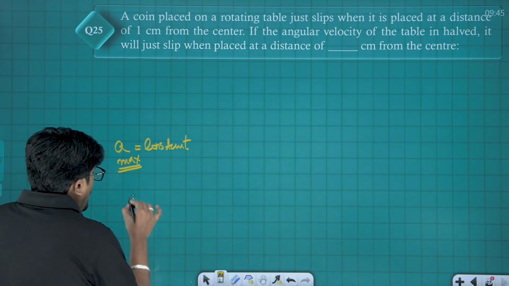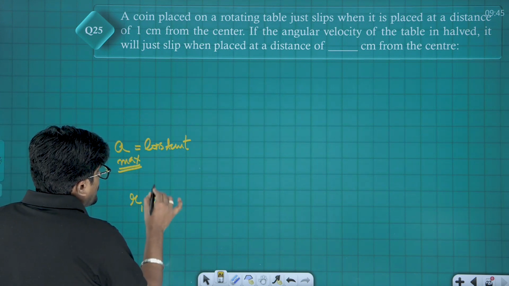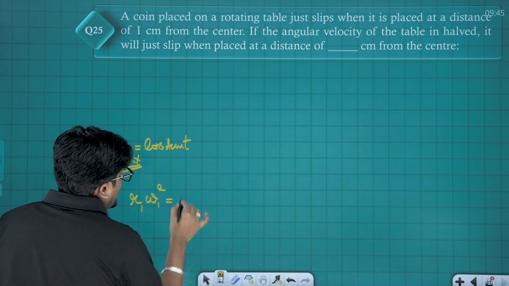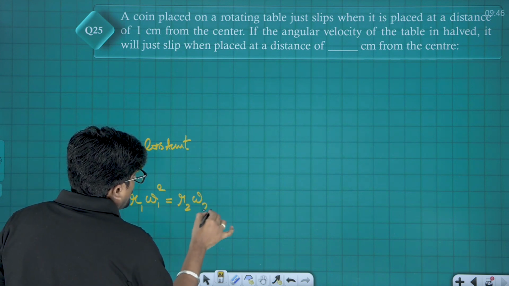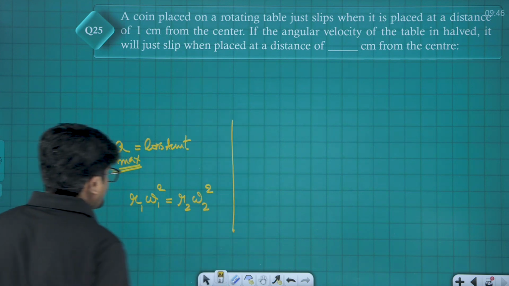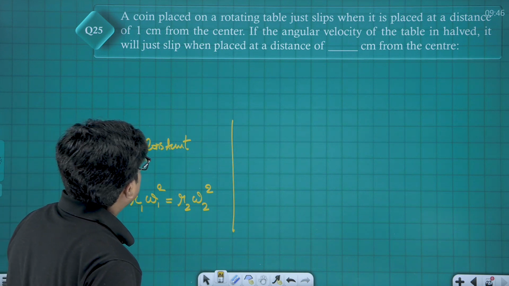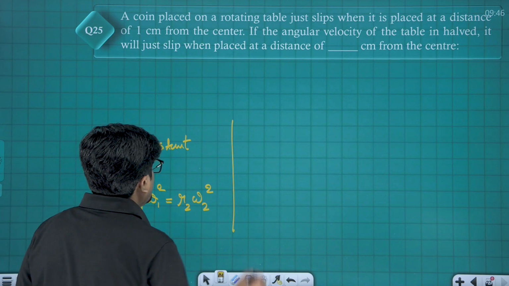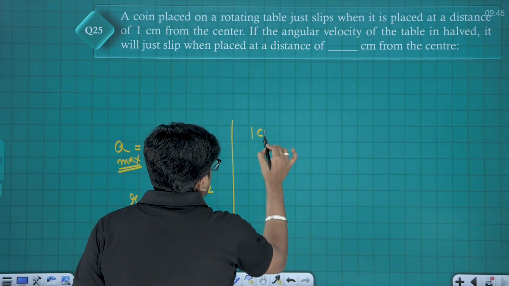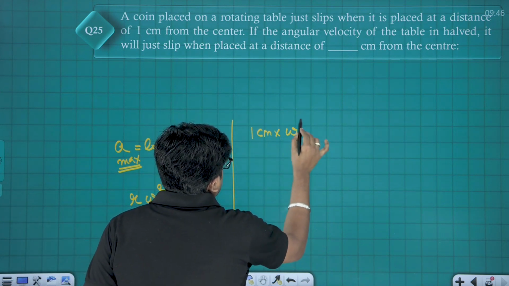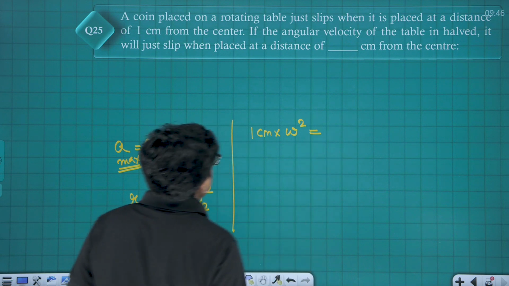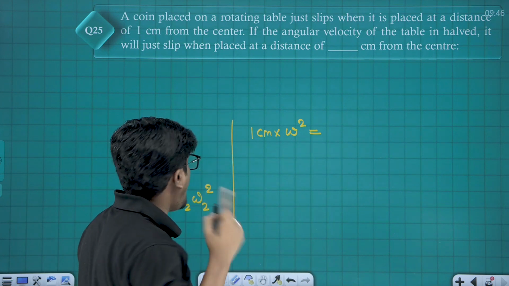Okay, so that's going to be a constant. So R1 into omega 1 square needs to be equal to what? R2 into omega 2 square. Alright, here as per the question, R1 is 1 centimeter. So 1 centimeter into omega square is now equal to, the angular velocity is halved.